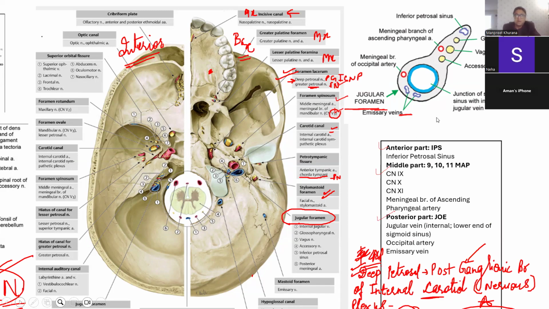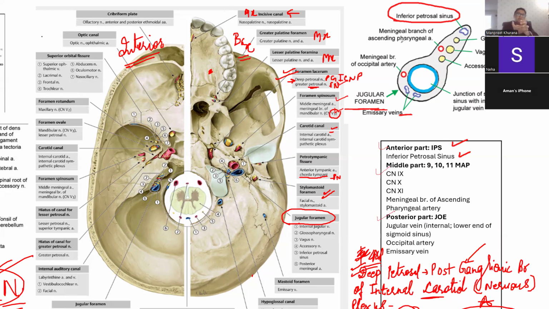Now, in the anterior part, we have the inferior petrosal sinus. As I just showed you the petrous part of the temporal bone, there is a superior portion and an inferior portion. On the superior, there is the superior petrosal sinus, and on the inferior side, there is the inferior petrosal sinus.